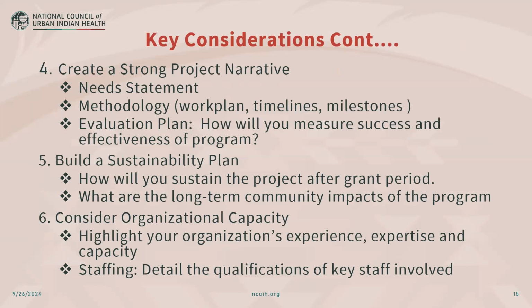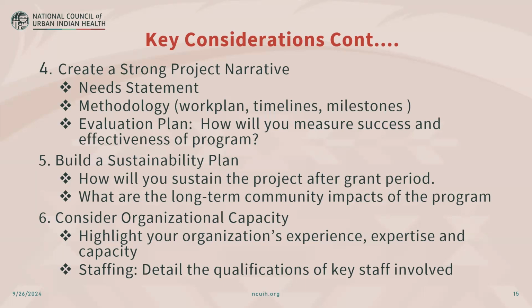To ensure a successful grant application proposal, it's really important to focus on several key elements. The first is to create a strong project narrative by developing a clear need statement, outlining your methodology with a detailed work plan, and establishing an evaluation plan to measure the program's success.